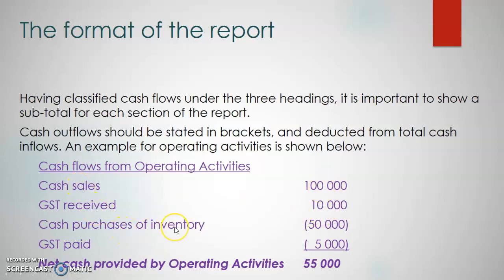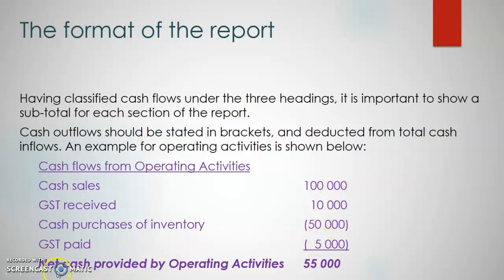Then cash purchases of inventory, when you're making the payment, which is your cash outflow, needs to be shown in a bracket. You should bracket this amount so you know that you need to add these items and then subtract these items from that. GST paid is also a cash outflow, so you put that in a bracket. So these are the cash inflows and cash outflows from operating activities.